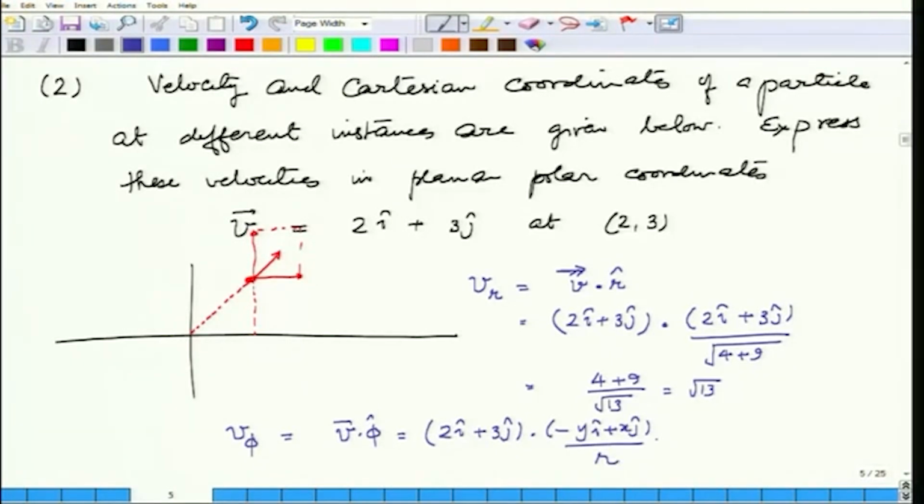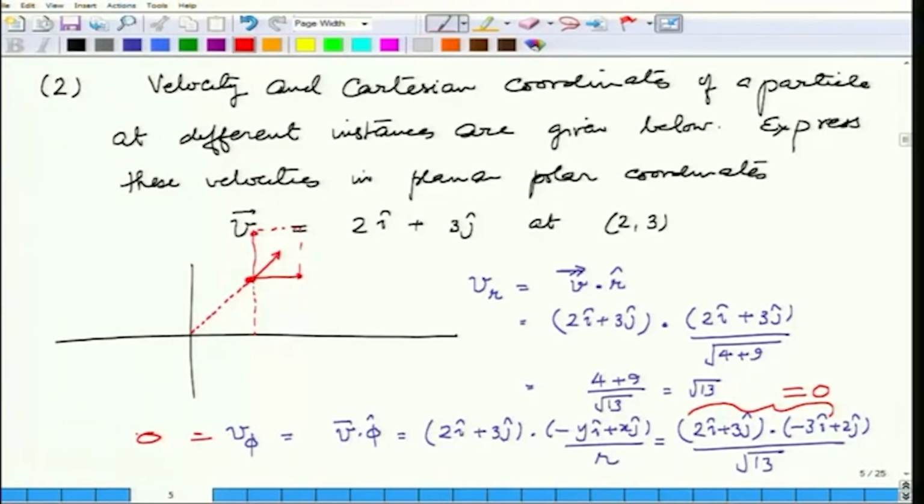Here I can write this as 2i plus 3j dotted with minus 3i plus 2j divided by r, which is the square root of 13. You can already see that this dot product is 0, and therefore V phi comes out to be 0.